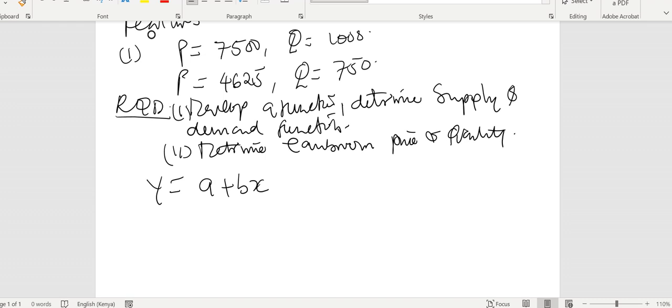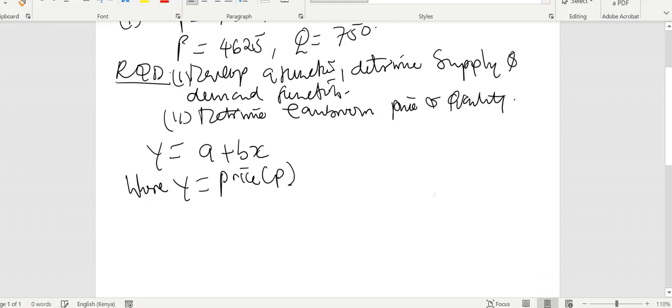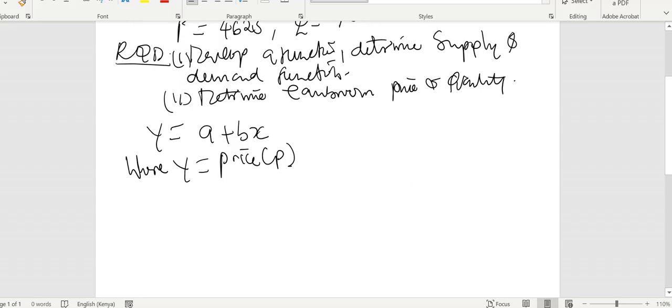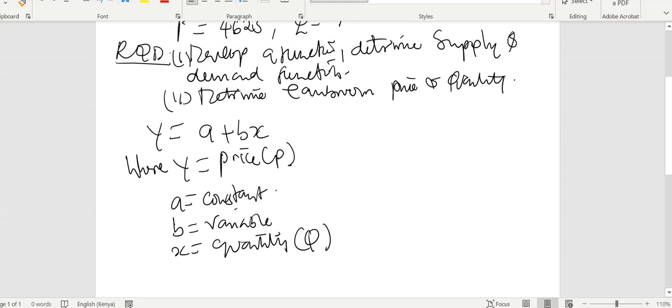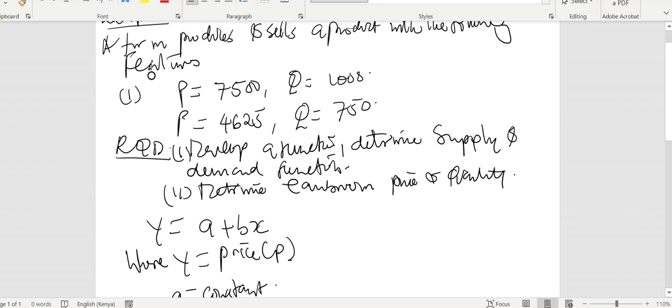Where y is the price, which is P. Then my a is a constant, b is the variable which is the gradient, and x is my quantity, which is Q. I want to slide up again.